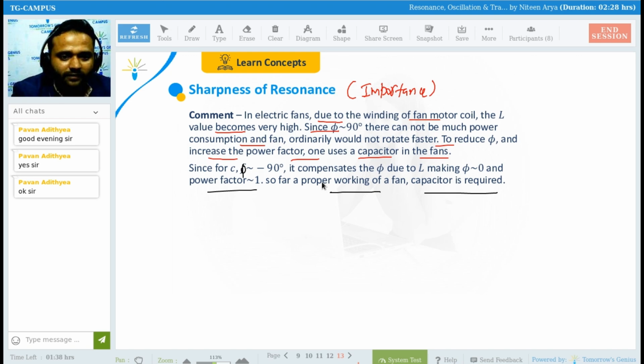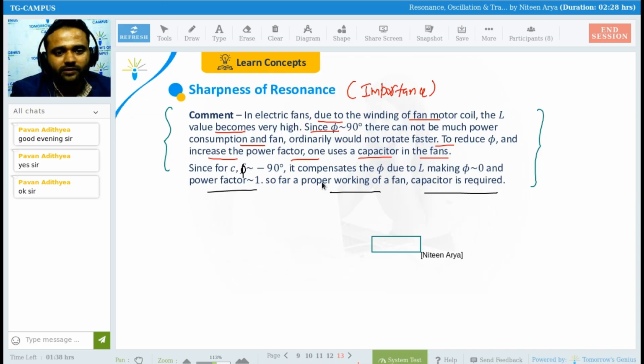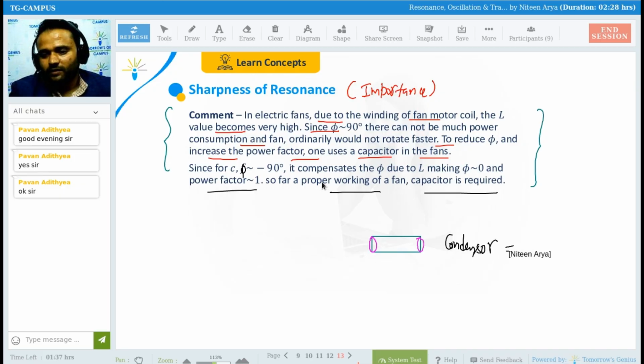This is everything written over here. See, whatever is written over here, this condenser, in this shape. This is your condenser. Obviously not this cylindrical one. Clear? In this way, you have a condenser. So basically, a condenser in normal language is a cylindrical capacitor.